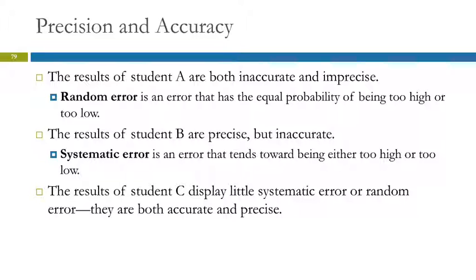They may be very precise, but they will be inaccurate because of user error. You're not using the instrument correctly. If the balance is not calibrated correctly, then your masses could come out all too high or all too low. So that's an example of systematic error.